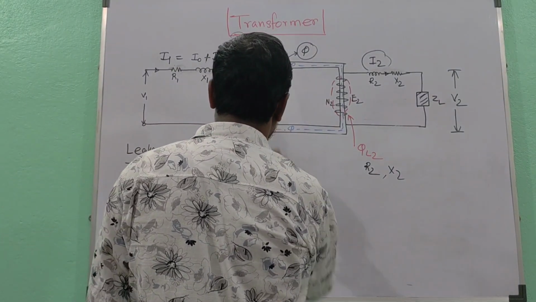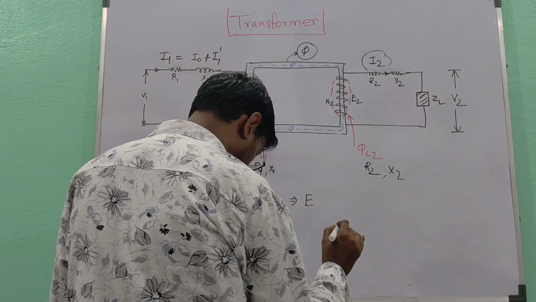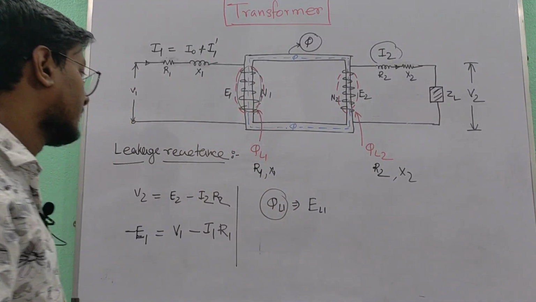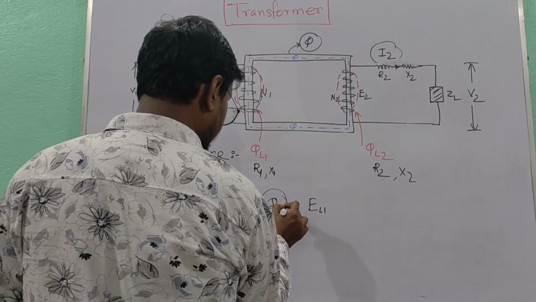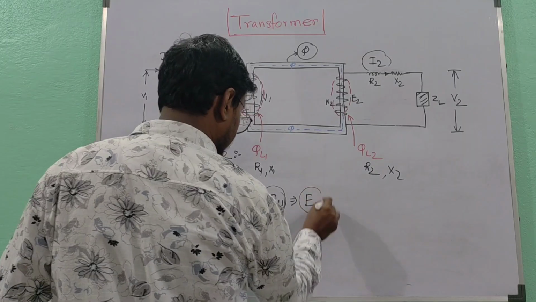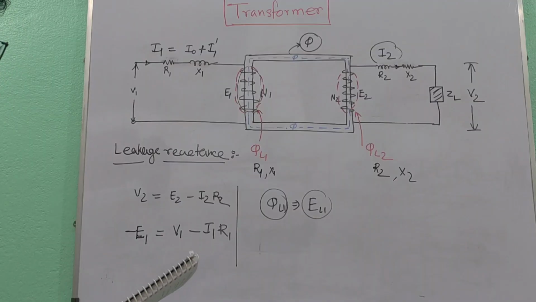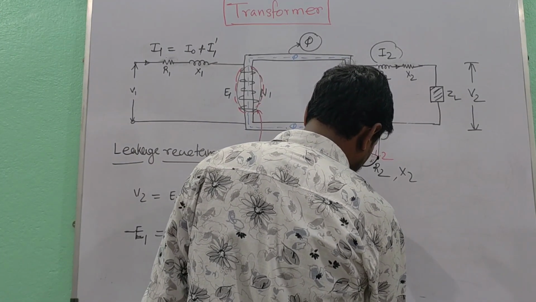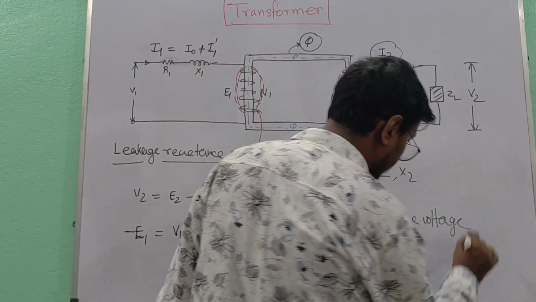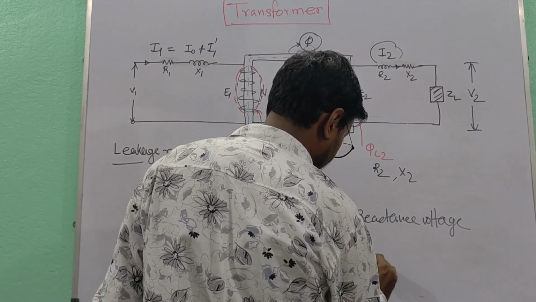Now this phi L1 will produce EL1. This primary leakage flux phi L1 is created by I1, so it is in phase with I1 and it produces self-induced EMF EL1, and EL1 must lag the current I1 by 90 degrees.